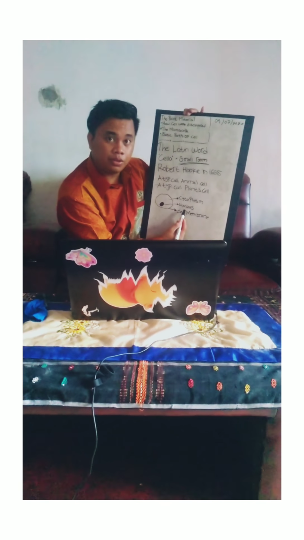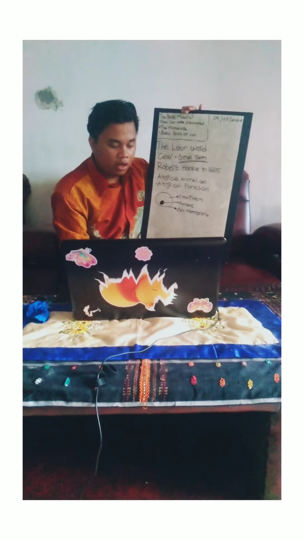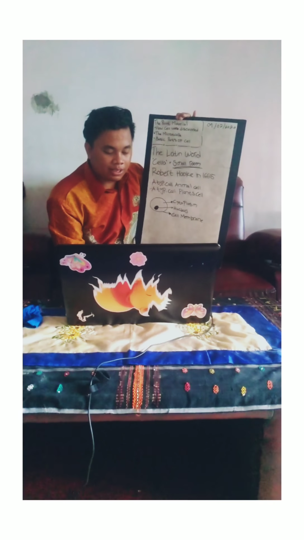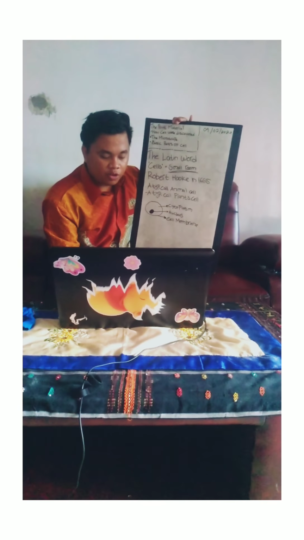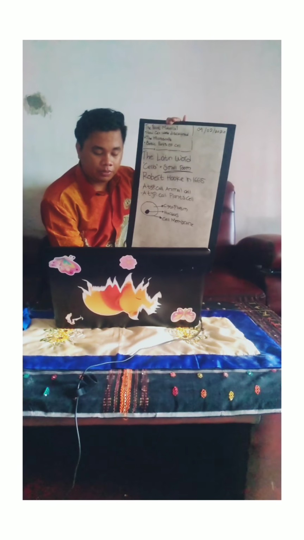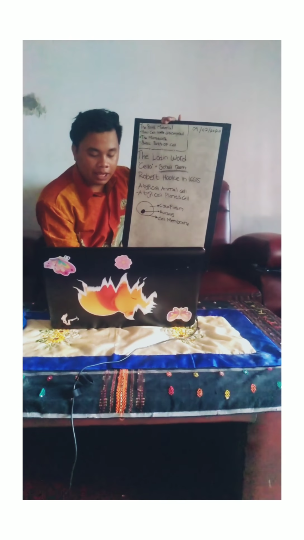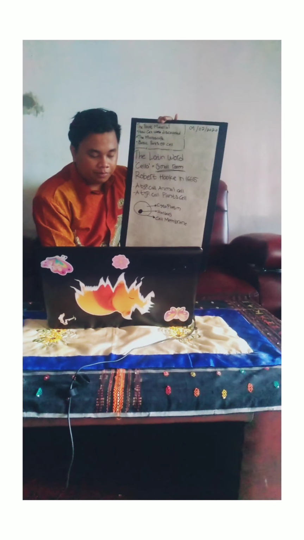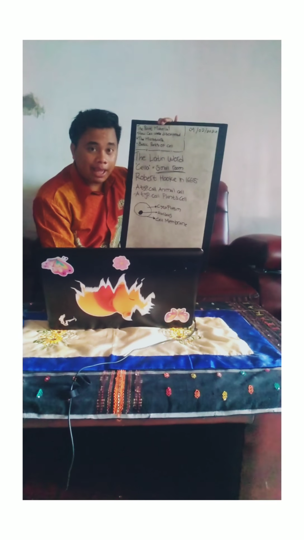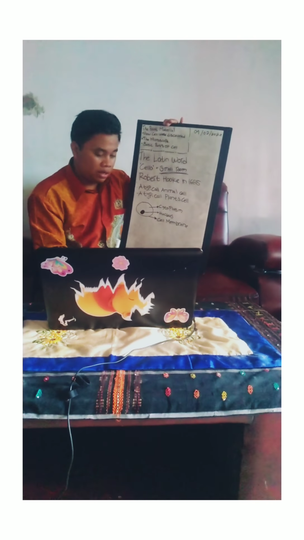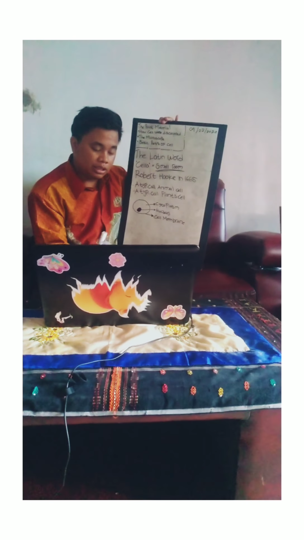This is the nucleus. What is the nucleus? The nucleus is the control center of the cell. It contains the genetic material called DNA. Its full name is deoxyribonucleic acid. Next is cytoplasm.